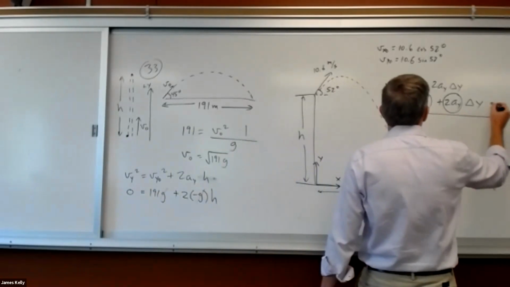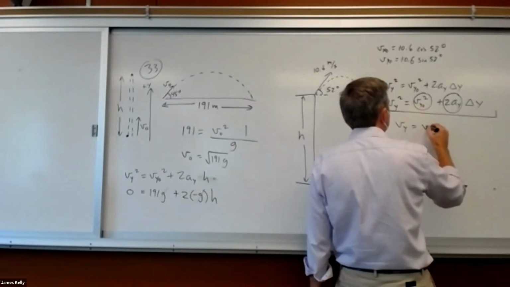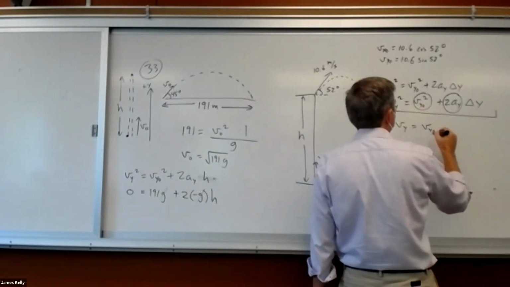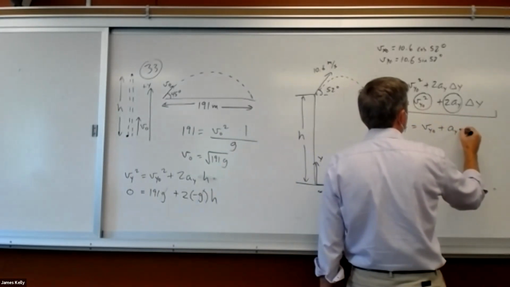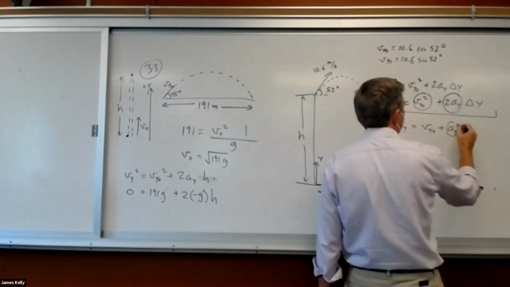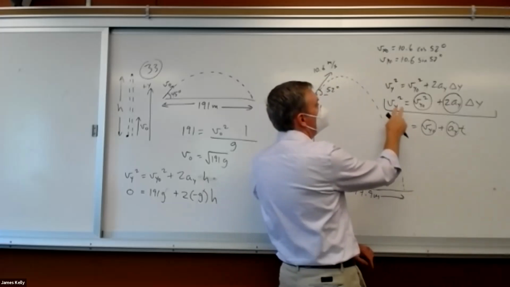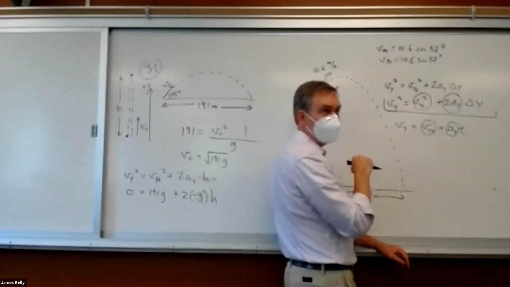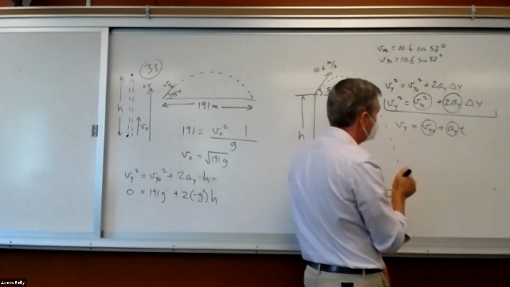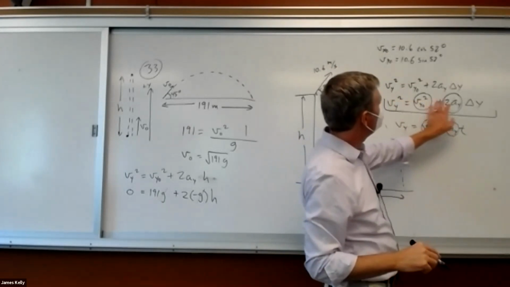Okay, hold on to that. Vy final is equal to Vy initial, that's something we know, plus ay times t. I know that. So I could substitute this in there and square it all out, right? And then this would be written in terms of t.